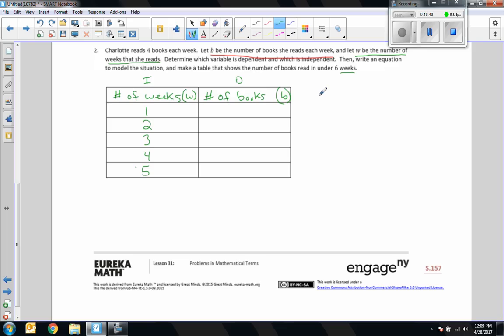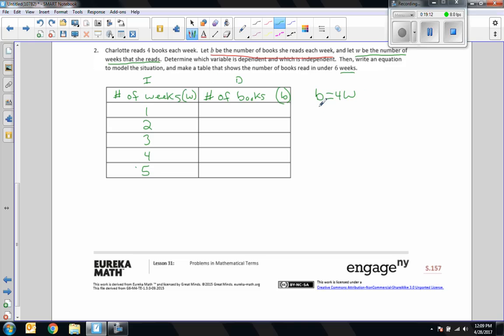Charlotte reads 4 books each week. B equals 4 per week. Okay, our dependent variable is by itself. Independent is on the other side, and that's what we calculate.